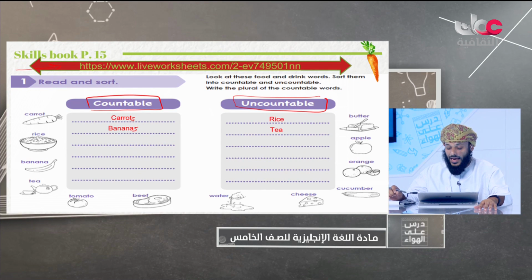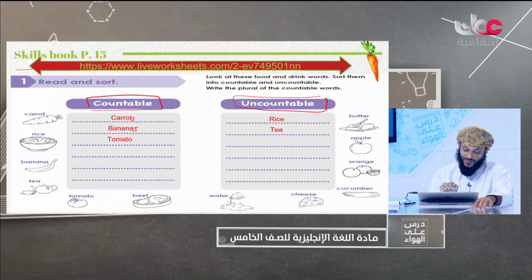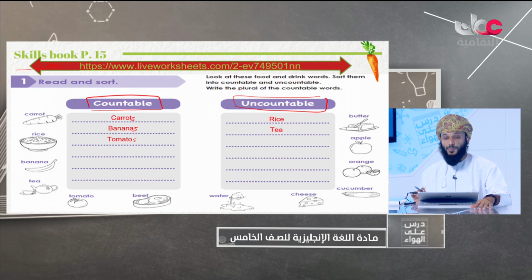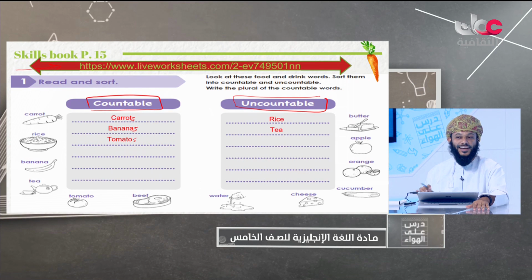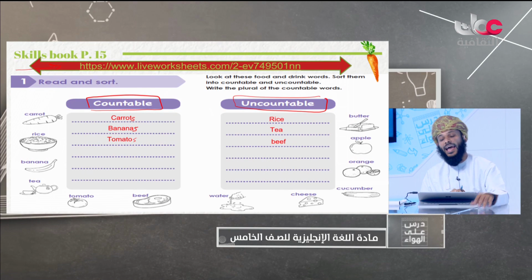Tea is uncountable. Then tomato. It's countable. So we have to say tomatoes. Then beef. Yalla, Badr. Is beef countable or uncountable? It's uncountable. We cannot count beef.